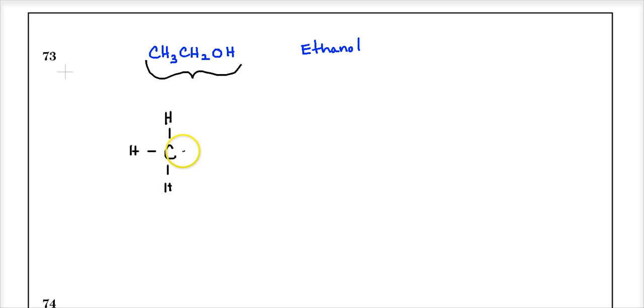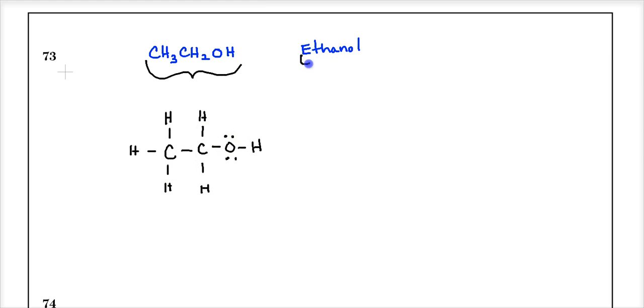The second carbon is bonded to 2, and it's going to make some sense here because every carbon must make 4 bonds in my drawing. Each dash here is a bond. Then I'm bonded to an O, then to an H. I should put lone pairs here, but they're not necessarily needed. But the bottom line here is this is what they're looking for.